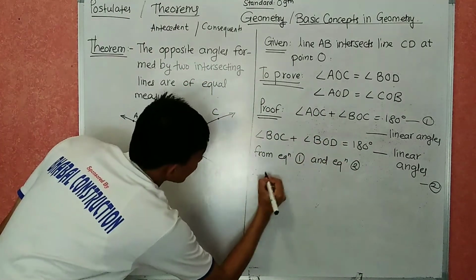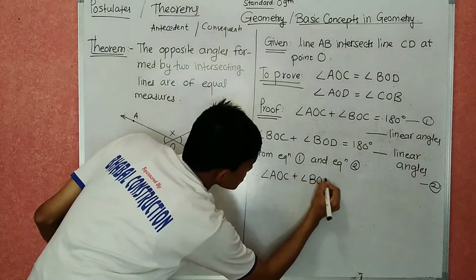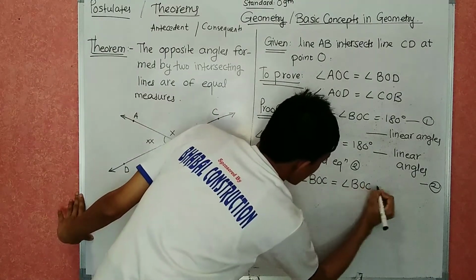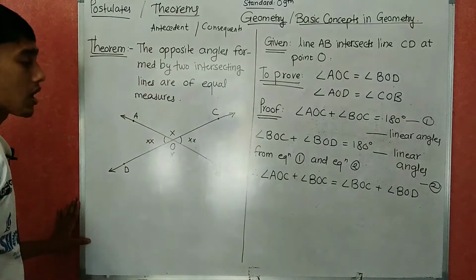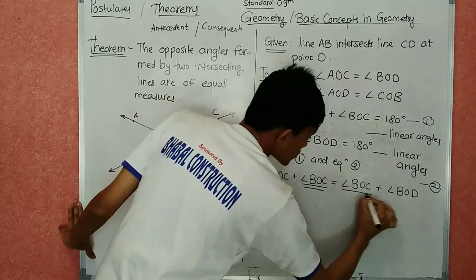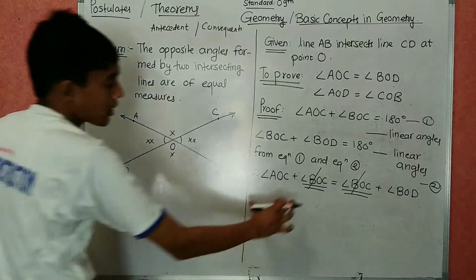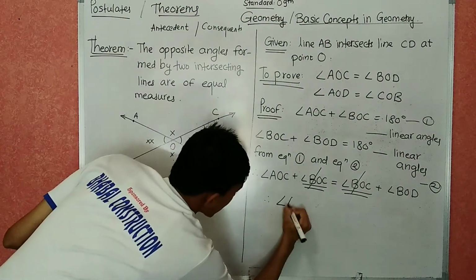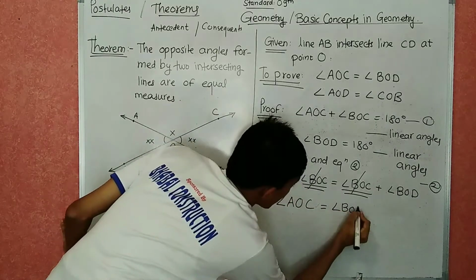So from equation 1 and equation 2, we take angle AOC plus angle BOC is equal to angle BOC plus angle BOD. On the left hand side BOC is there, and on the right hand side also BOC is there, so angle BOC gets eliminated. We get therefore angle AOC is equal to angle BOD.